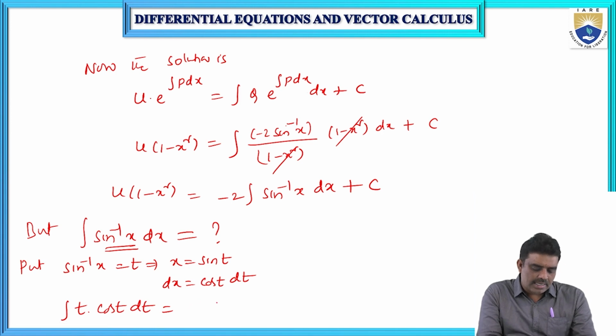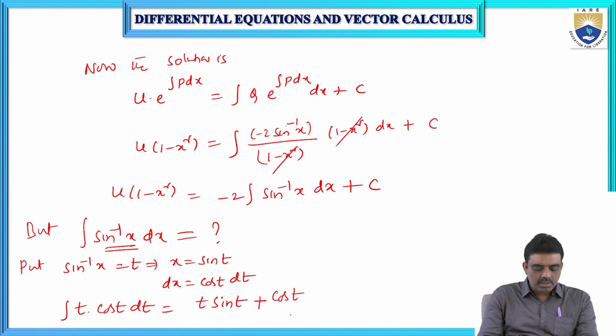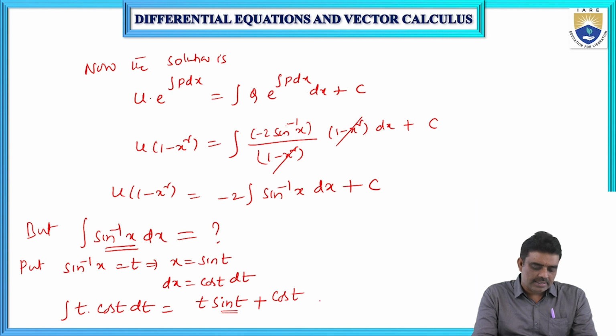So what is the integration? T into sine t minus integral of u dash into v2, where u is t, v1 is cos t. The derivative of t is 1, and the integration of sine t is minus cos t, so minus of minus gives plus cos t.